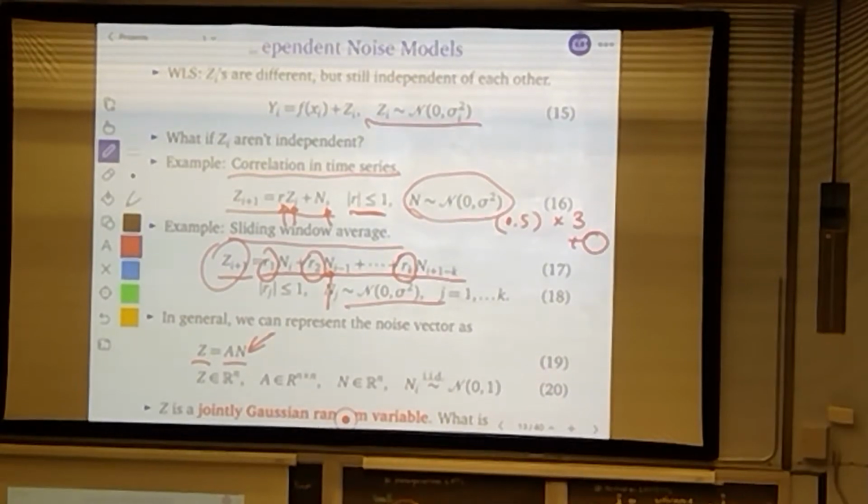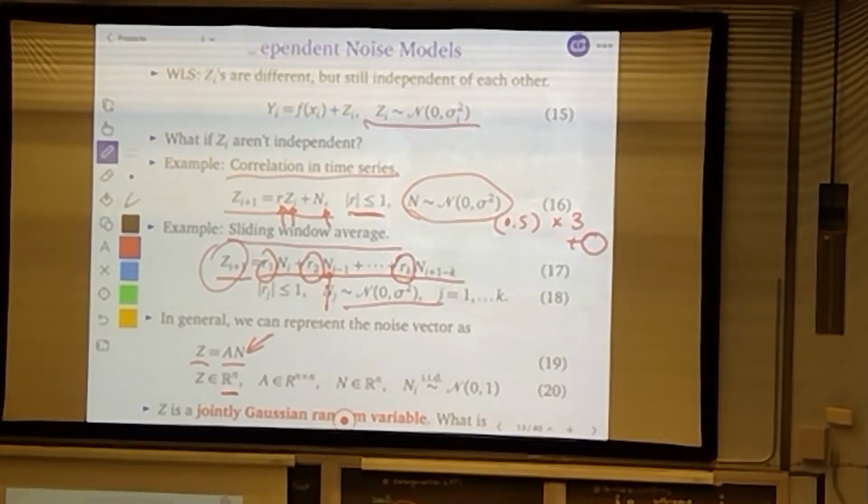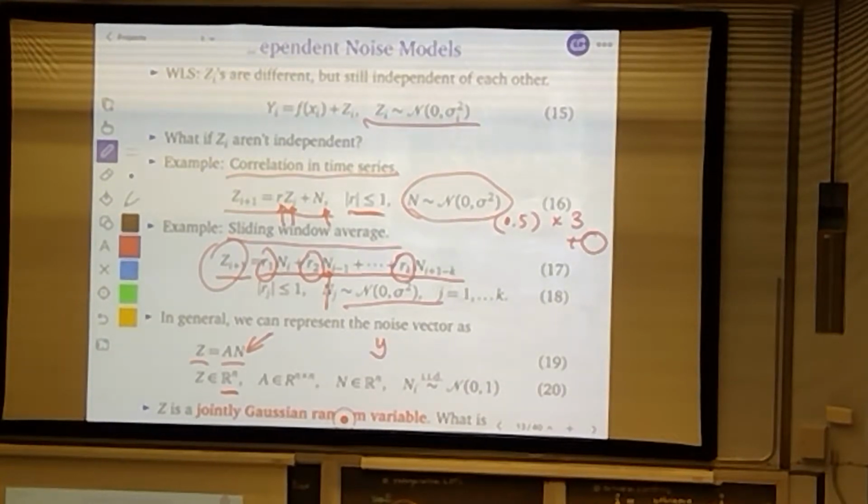So the dimension becomes N. We are still dealing with scalar target value, so D equals 1 in this case. And the A is N by N. N is an IID Gaussian, okay, for each point. Z is called a jointly Gaussian random variable.